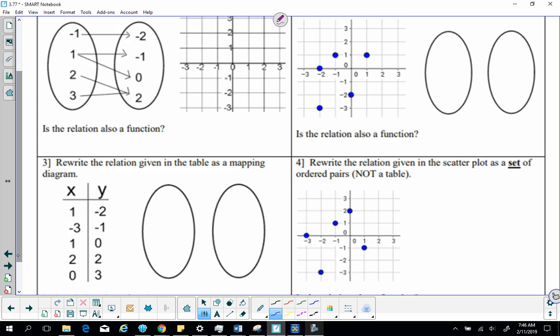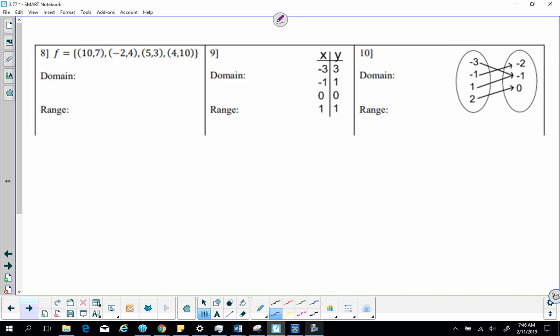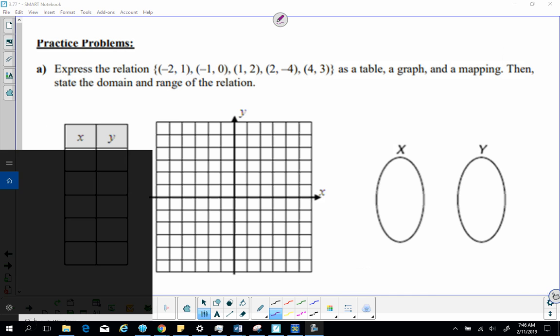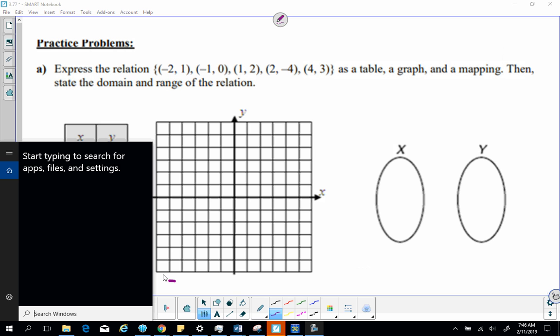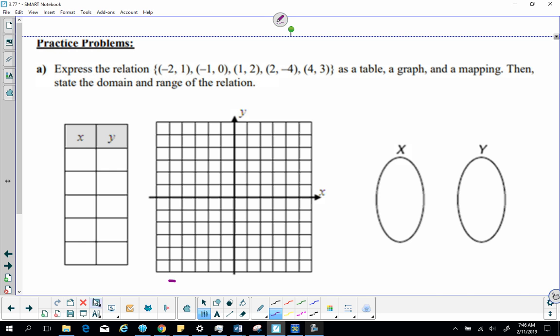So you're going to start on the front page and you're going to stamp. I have the answer key here somewhere. So you're going to be stamping your work just to make sure you got it. And then your 2 questions on your ticket out the door are these 2.